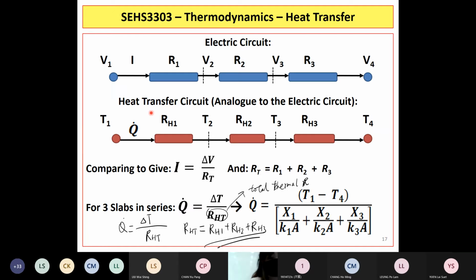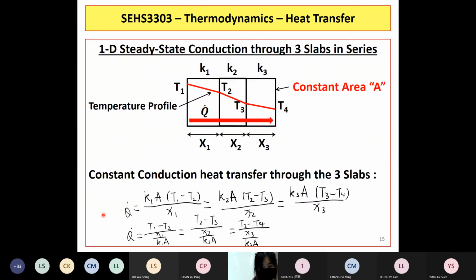So by using this method, we can calculate this. So this should be R1.